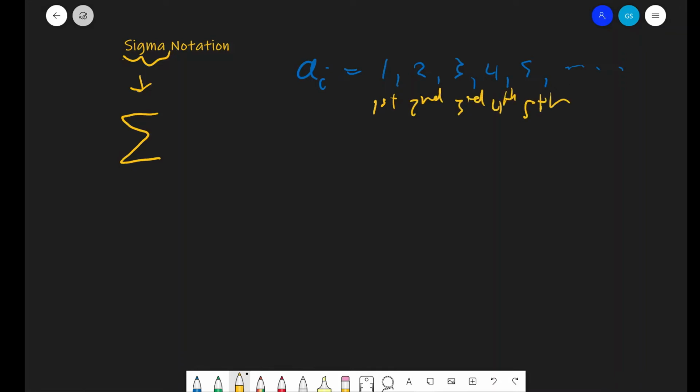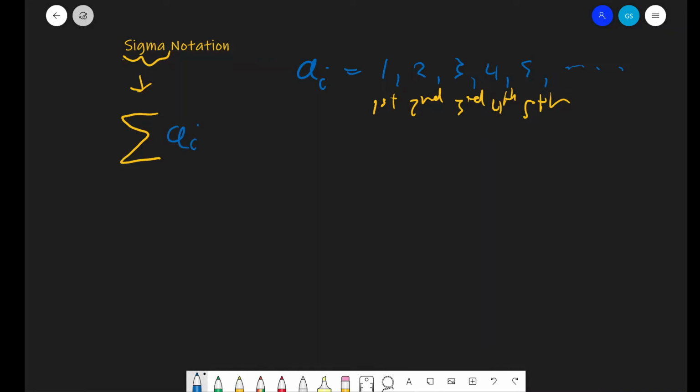Hopefully you can see that if I draw lines like this. Yikes, that looks horrible. I'll leave the lines out, right? So those are the different terms. So the way we would write sigma notation is, first we put the sigma, which is the sum sign, and then you put the sequence you would like to add up. So actually, let me keep it consistent with the colors. Let me put this blue here.